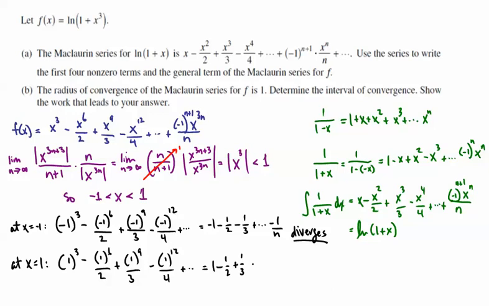Alternating harmonic series, I should say. So this is negative 1 to the n over n, which converges. It's in reality a p-series with, no, it's an alternating series. It converges by the alternating series test.